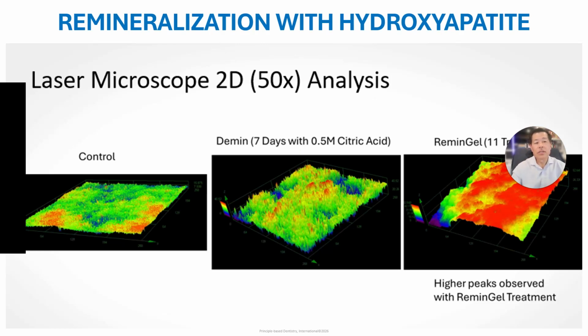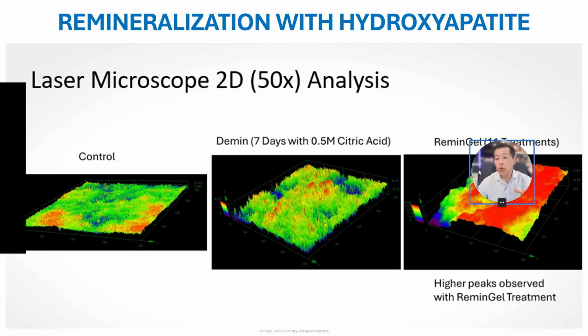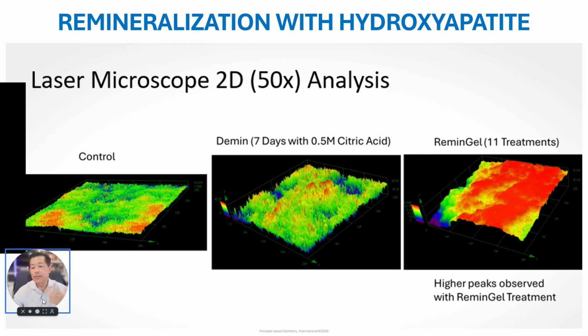And this is just laser microscope analysis, showing on the left-hand side the control. What do the colors mean? The blue shows the valleys, and the red are the peaks. And they demineralized this control sample with citric acid for 7 days. And you saw that we got a little bit more valleys, right? And then they took that control sample and remineralized it using Remin gel for 11 treatments, 15 minutes at a time.